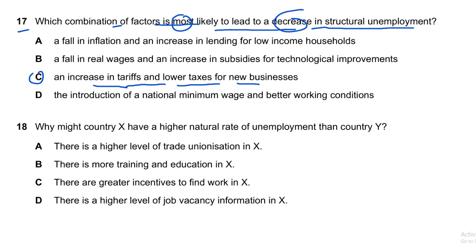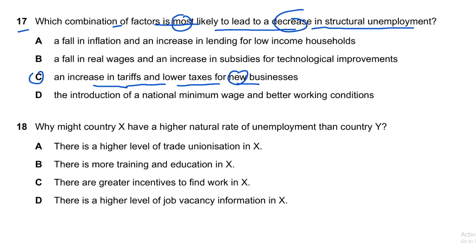And with lower taxes for new businesses, if new businesses are set up, then more jobs are created in the industry, and as a result more employment will take place and structural unemployment will decrease.